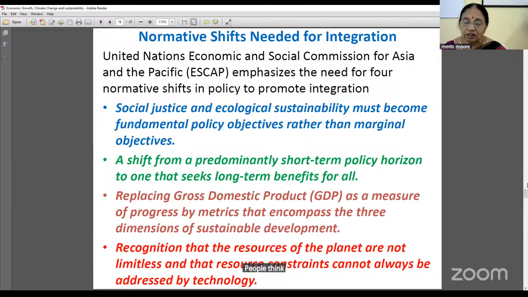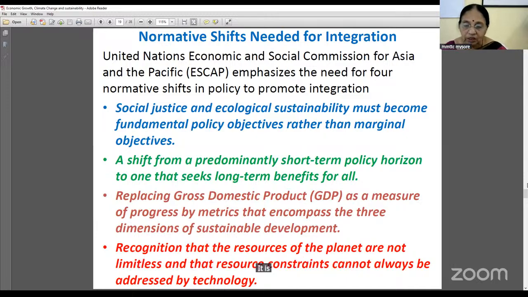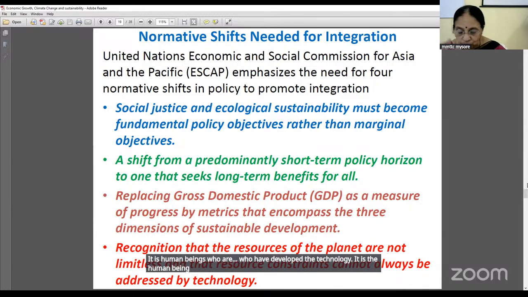People think that everything can be solved by technology, but technology is not going to solve all the constraints. It is human beings who have developed the technology, and human beings who are going to use it. So their norms, their behavior, their attitude will have an influence on sustainable development. This needs to be recognized.